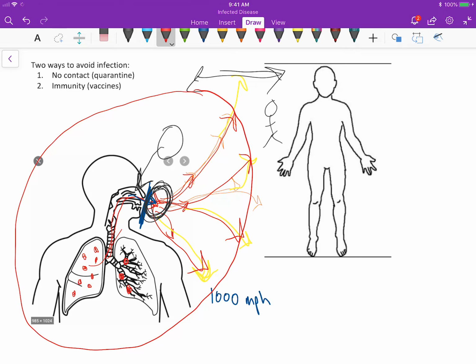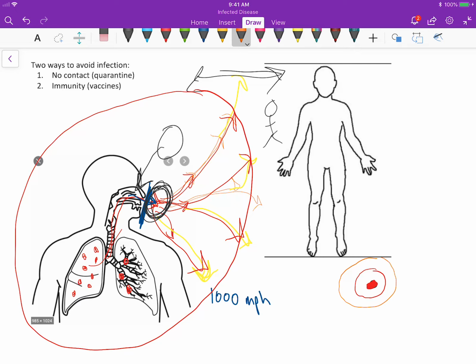Okay, so another way of looking at this can be if you have an individual represented by a dot, and we'll make this individual infected here, then at what radius does this individual become safe, right?